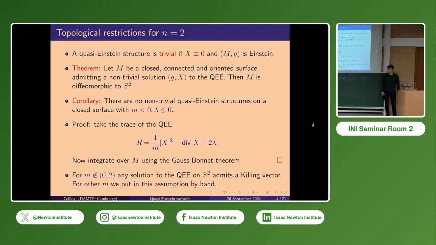So in the following, I will be assuming that our solutions have a Killing vector, but it's important to keep in mind that for almost all m, this assumption of symmetry follows from the compactness assumption.